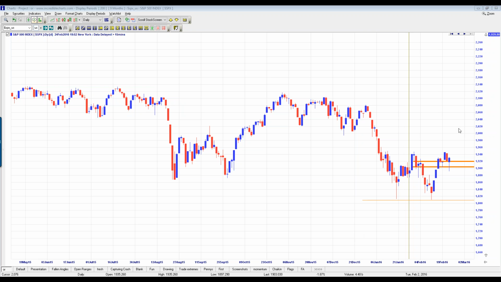So my prediction is that over the next little bit we'll oscillate back and forth between this 1950 level and 1900 until the 1st of March.